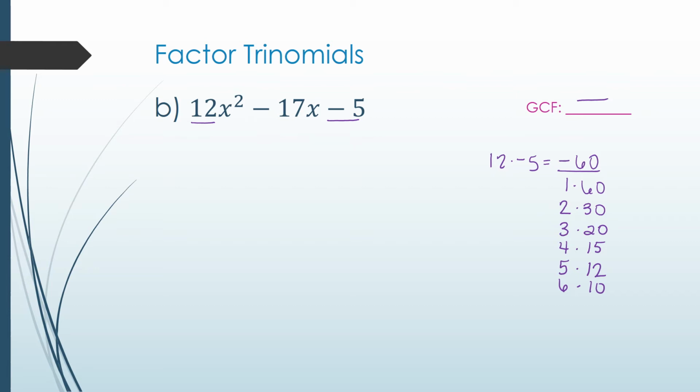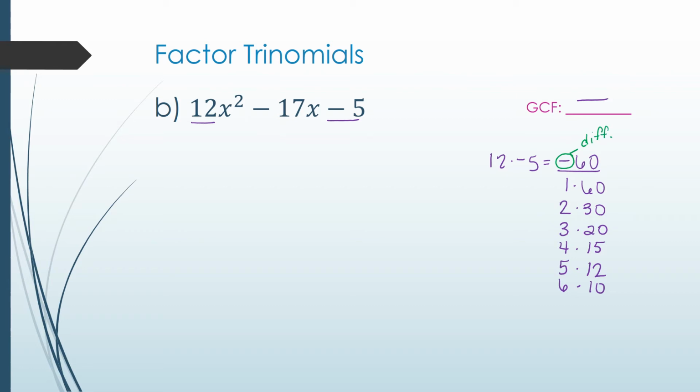Now, we need to look at this sign right here. Notice our product was not 60, it was a negative 60, which means 2 numbers multiply to give you a negative. When 2 numbers multiply to give you a negative, that's telling you that they're going to have different signs.